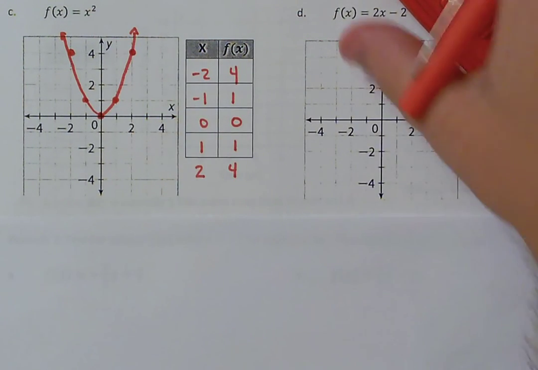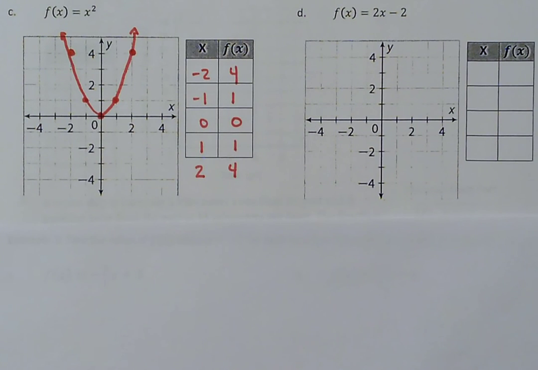All right, now D is f of x equals 2x minus 2. Again, there's no domain, so you just really have to come up with your own domain. It does not matter. You can use 0, 1, 2, 3 if you like. You can use -1, 0, 1, 2, whatever numbers you want to choose.